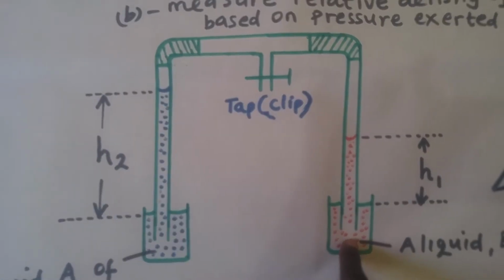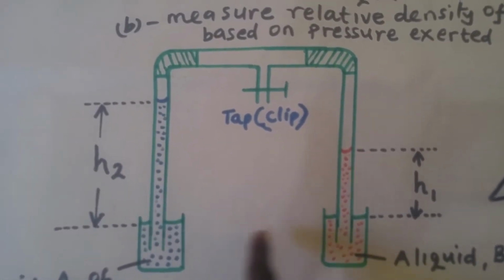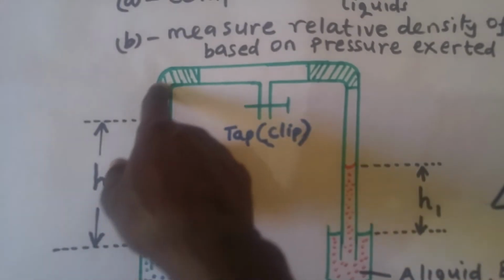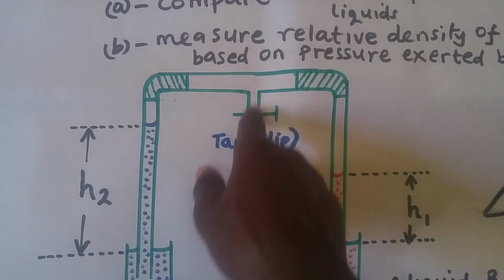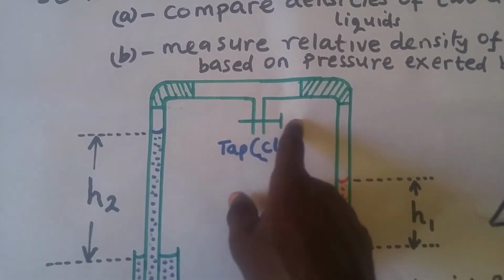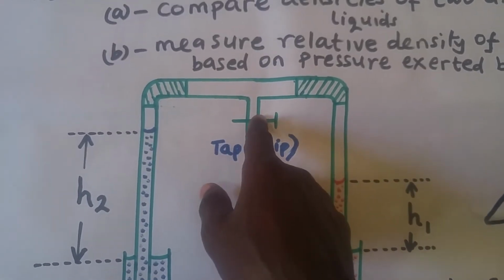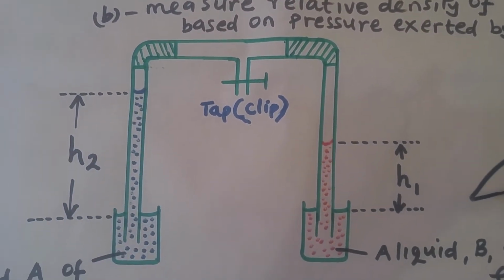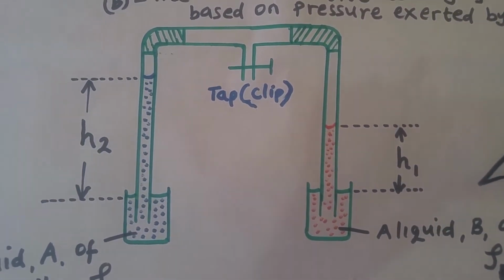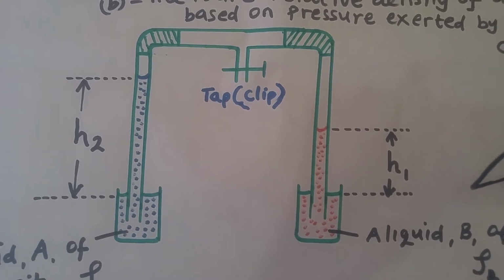This one is also holding a different liquid. Then you have two tubes. There is a tube here, there is another tube here. Both of them are connected here. So there is a tap somewhere down here. We use Hare's apparatus to compare the densities of two different liquids.